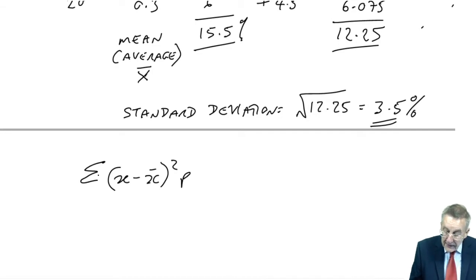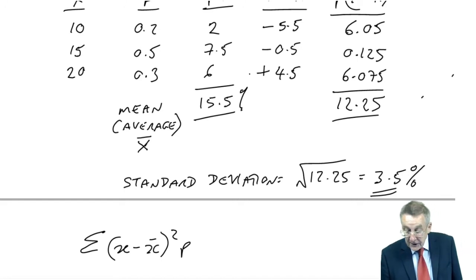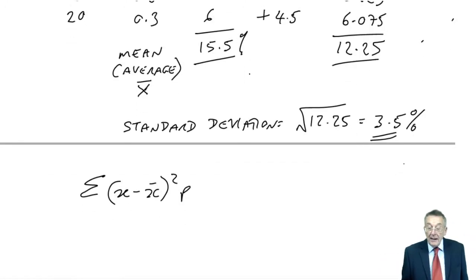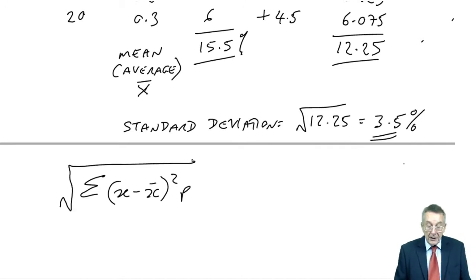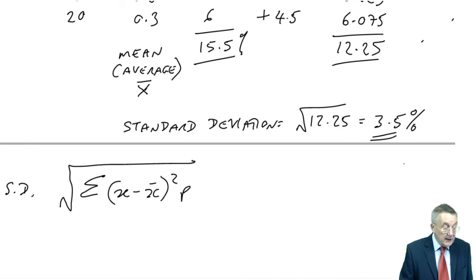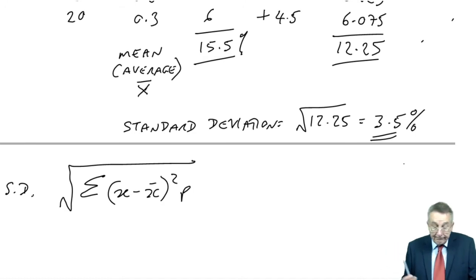We added them up, sigma, to get the average of the squared deviation, so 12.25. And then, for the reasons I just explained, we took the square root. So there we are, the standard deviation. All right, that was easy enough.